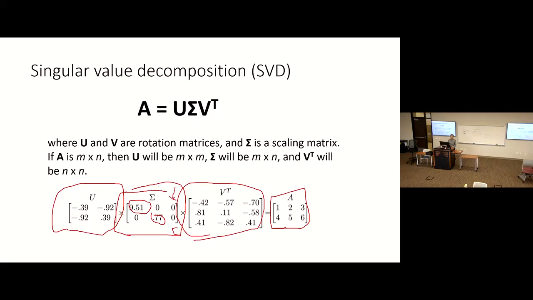But the most important part is only in this square part of the matrix. So if you have n smaller than m, then the only part in this matrix which has values will be n by n. The rest of them are just zero fill-up to make the matrix the dimension of m. So this is the construction of these three matrices in the SVD.